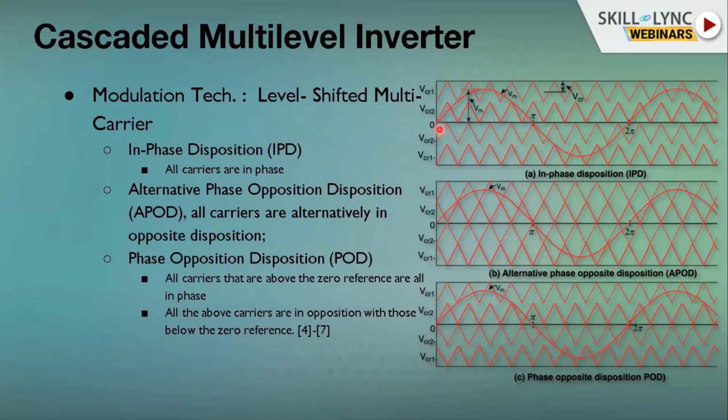In phase disposition has everything in phase. Then alternate phase opposite disposition, and here phase opposite disposition. Very established techniques. Once you have your carriers and sine, they are responsible for generating your gate pulses and all that.